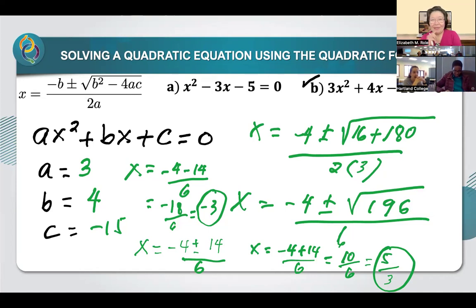I think plugging in, you have no problem. Just be very careful doing multiplication, looking at signs, and making sure that you are putting in the right values. If you could not do the mental math, then just use the calculator.